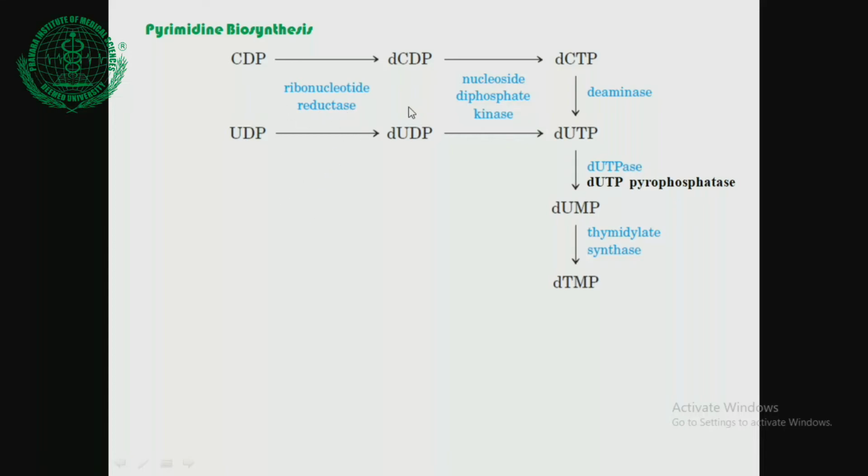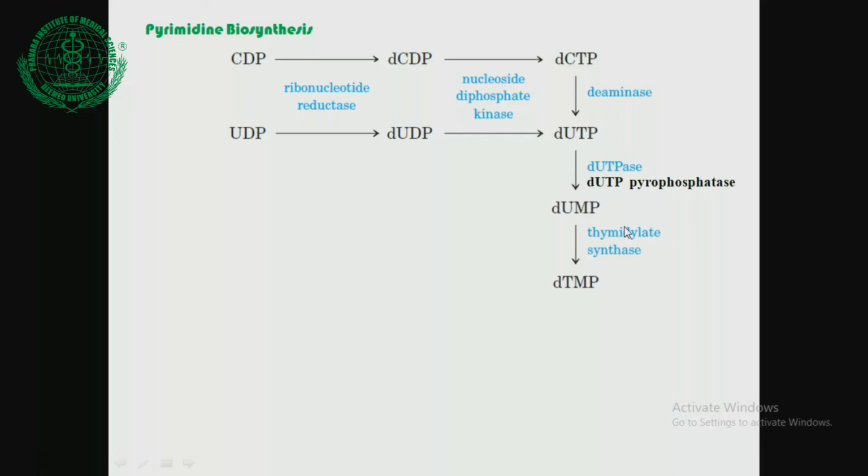These are further phosphorylated to deoxycytidine triphosphate and deoxyuridine triphosphate through the action of nucleoside diphosphate kinase. Deoxycytidine triphosphate is deaminated by a deaminase enzyme, and that is turned into deoxyuridine triphosphate.